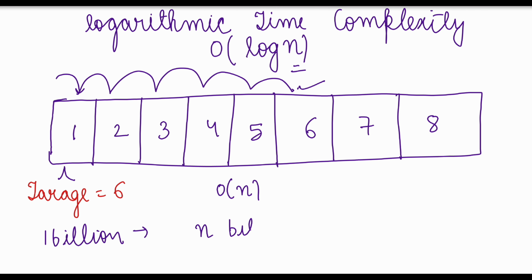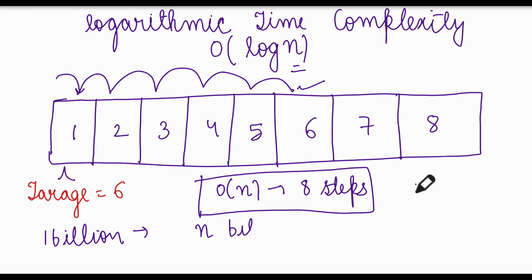So let's try to understand how binary search helps me solve this. For example, in this particular scenario, it will take me 8 steps to find the right element at maximum in linear time complexity. But if I do the same thing using binary search, I'll be able to do it in 3 steps.